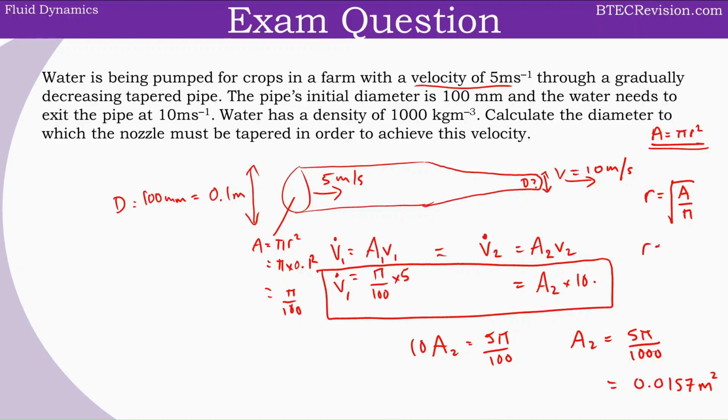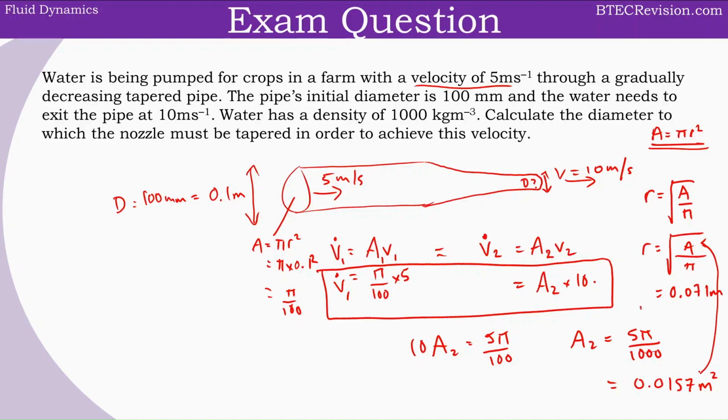So r is equal to area, so this value here, divided by pi, and then square root our answer, gives us a value of 0.071 meters. And then we can times by 2 for the diameter.